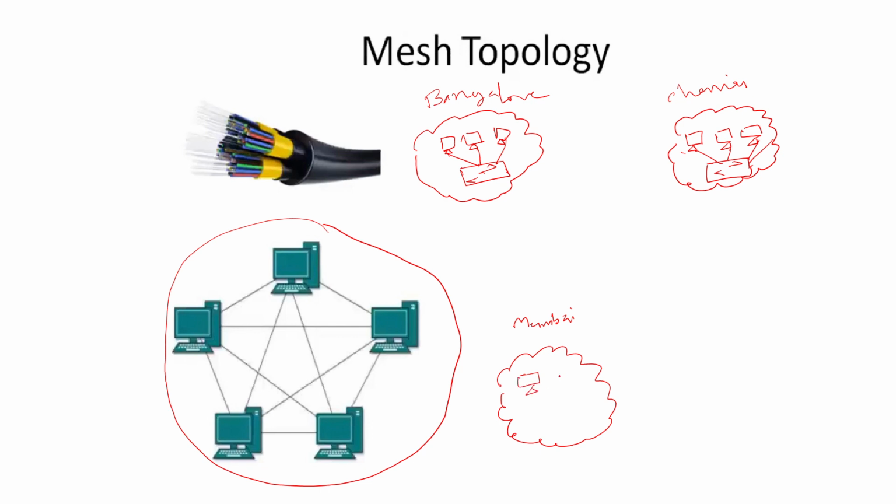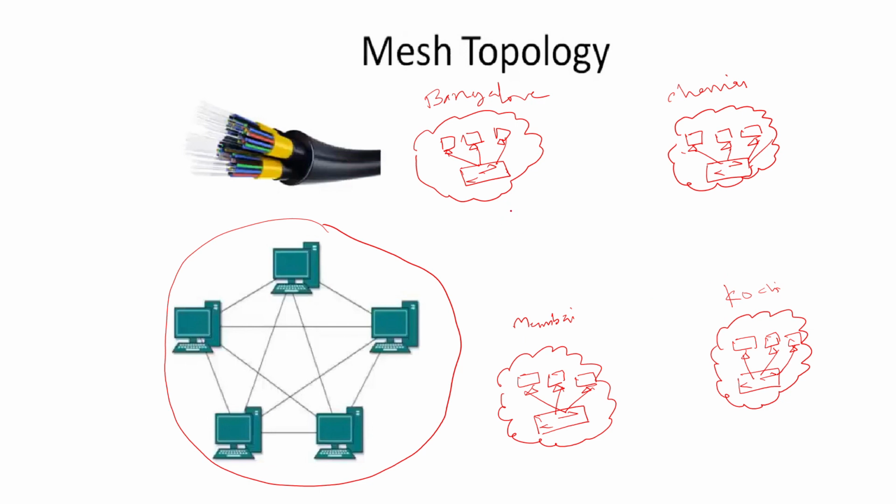We have multiple devices there, and it connects to a centralized device. We have another branch in Cochin. We have multiple devices, also a centralized device here. All the devices are connecting here.